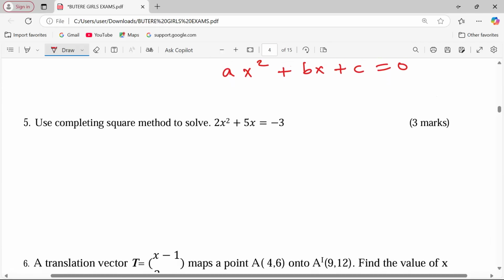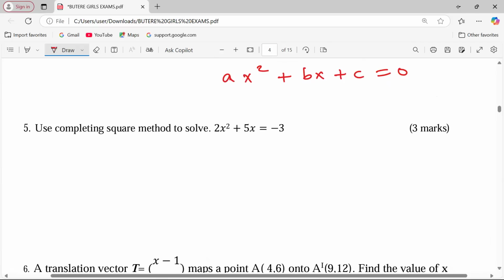So what do we do? We go to the second stage, whereby we make the coefficient of x squared to be 1. So we divide everything by 2, such that we remain with x squared plus 5 over 2 x equals to -3 over 2.